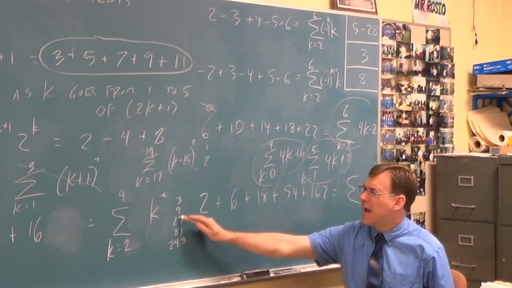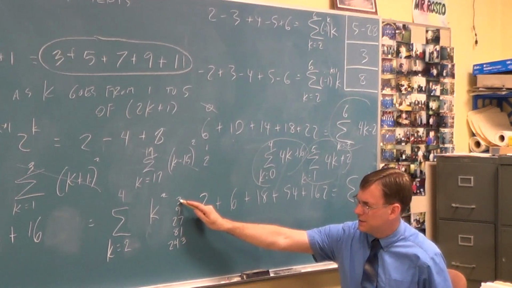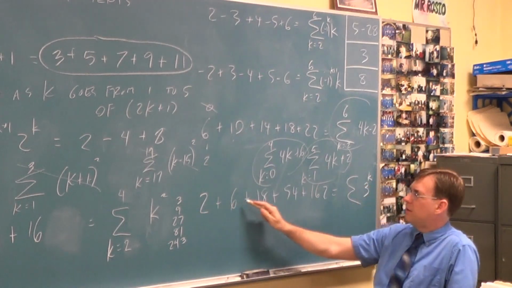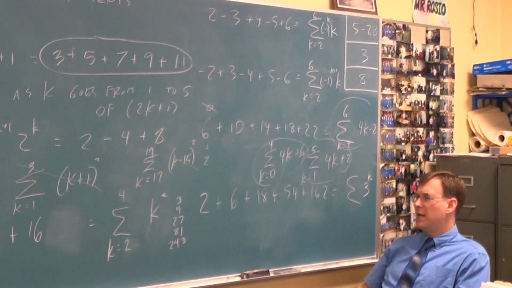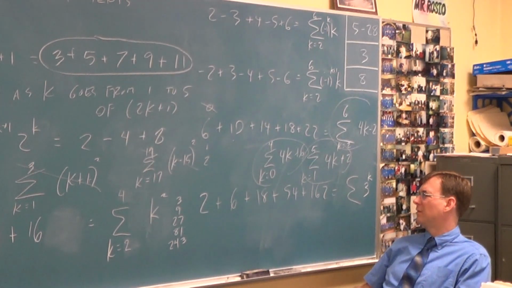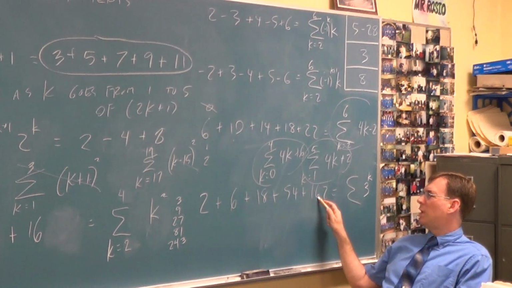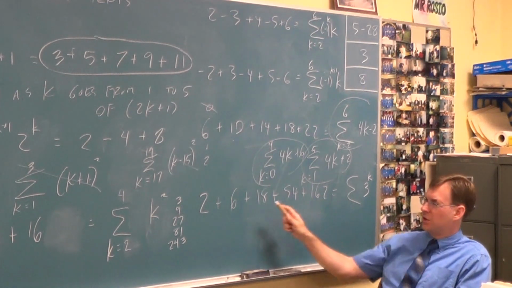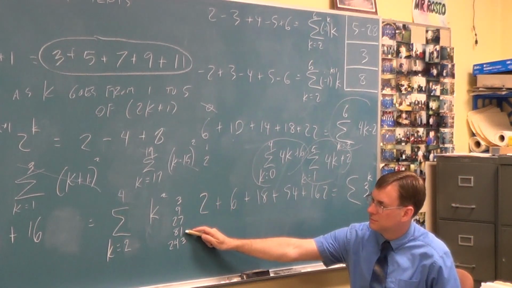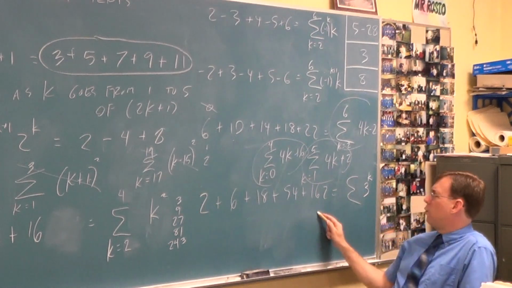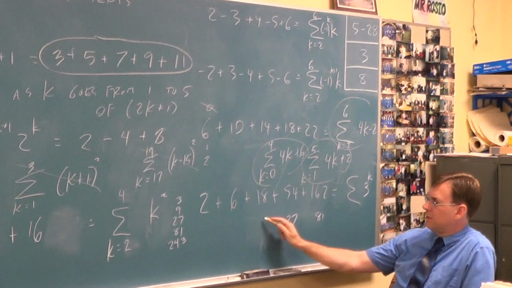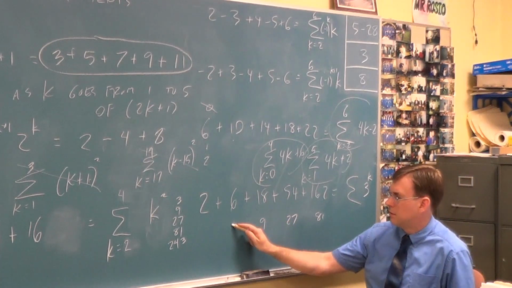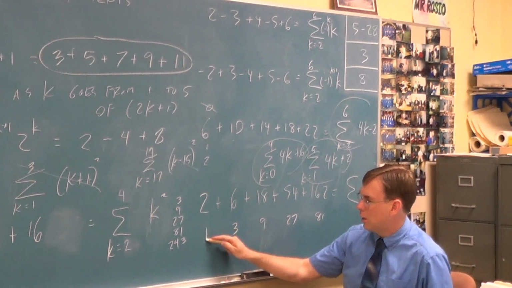Can anybody see what the most effective way is? These get us in the neighborhood of those numbers. The most effective way to pair these off: who does 162 best connect to out of these? That one, 81. 54 best connects to 27. 18 connects to 9, 6 to 3, and 2 to 1.